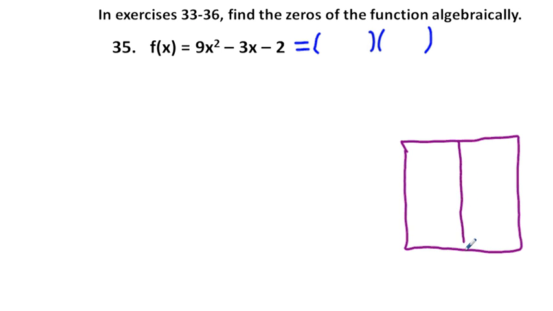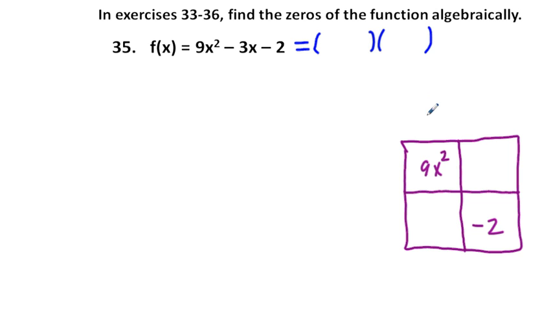When you do it this way, it can require a little more guess and check. So we're going to take that first term, 9x squared in the upper left and negative 2 in the lower right. And really, for the negative 2, that's pretty easy. It's going to be negative 2 times 1 or negative 1 times 2. So either one.